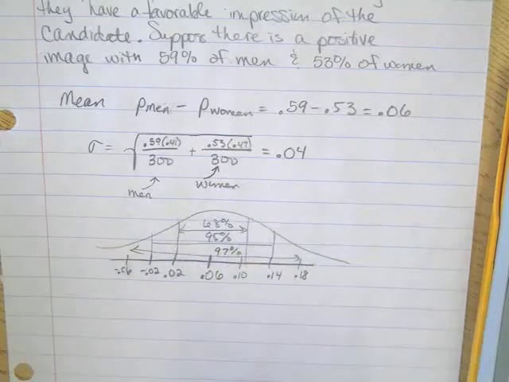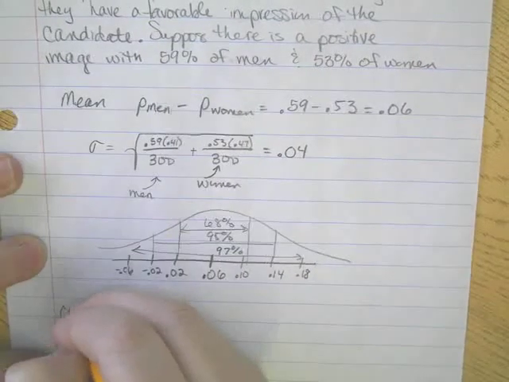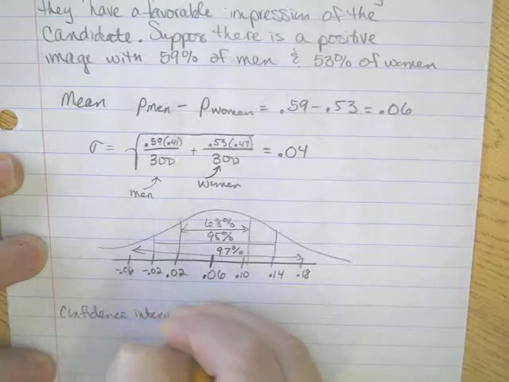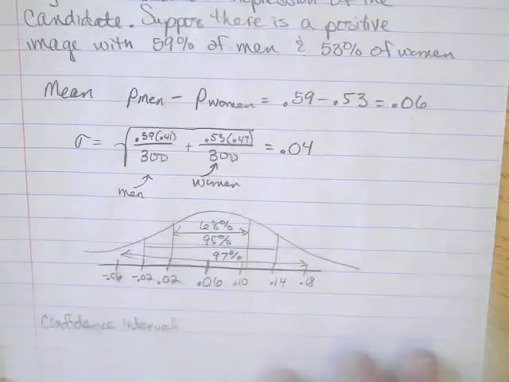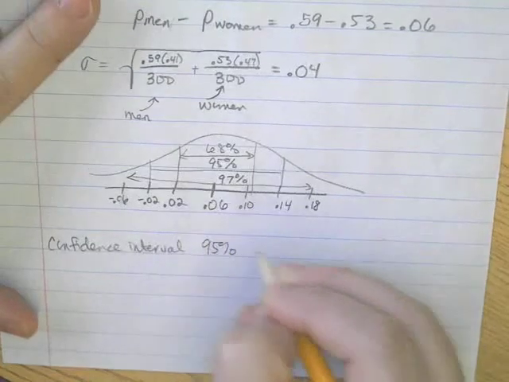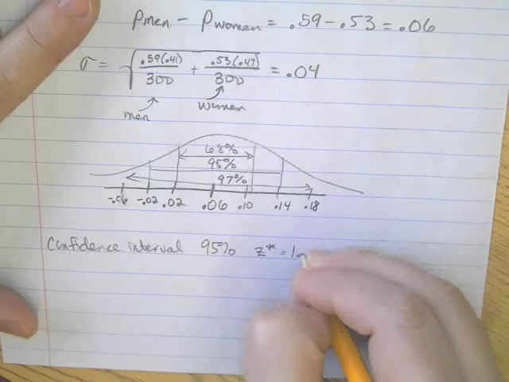Another thing that you'll have to do is the confidence interval, to show that it all works the same. We already had our standard deviation, so let's do a 95% confidence interval. 95% gives me a z critical point of 1.96.